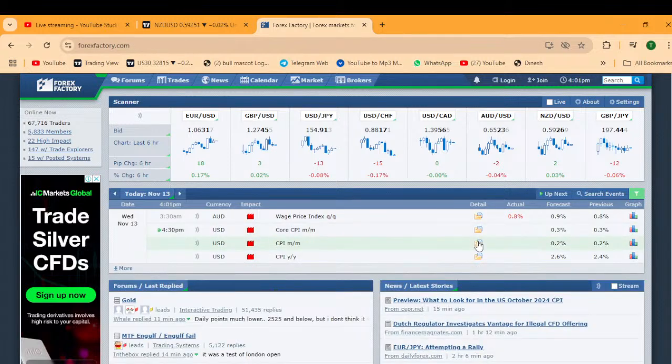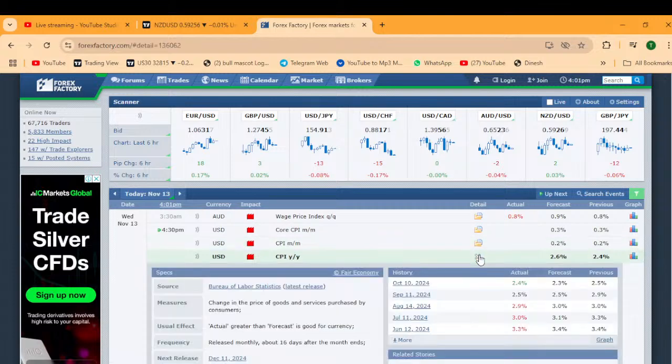So meaning the US dollar, all in all, remains doing well. If we happen to see any number lower than 2%, let's say if we see 0.1% or 0.00, then we can see a very strong US dollar.